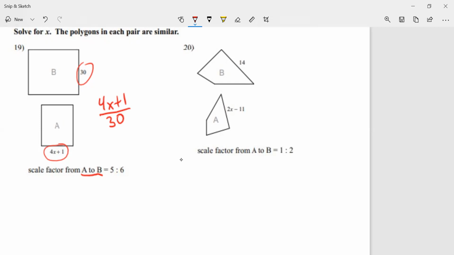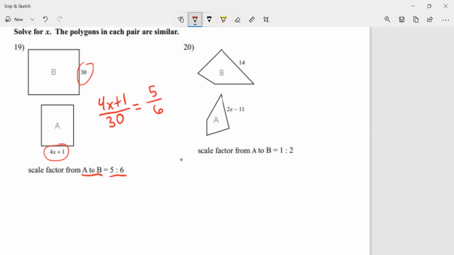In order for me to be able to solve for x, I have to let this equal something. And I see that my scale factor from A to B is equal to 5 to 6. Right? I'm getting that from here. So I'm going to let this equal 5 over 6. When I'm solving for x, I like to use fractions because we know how to cross multiply.